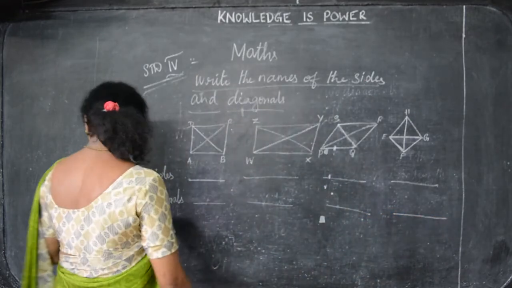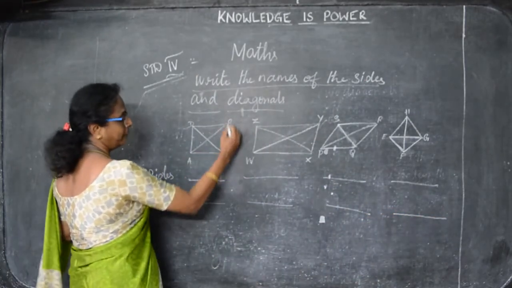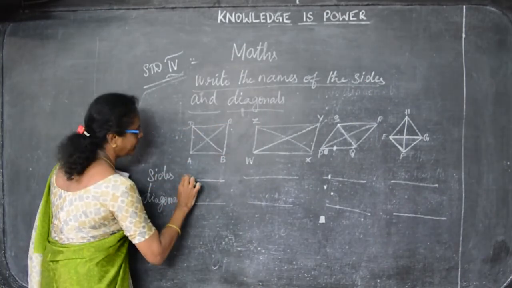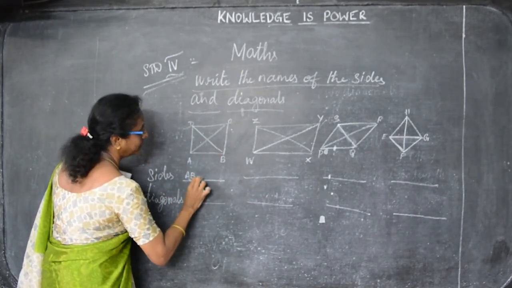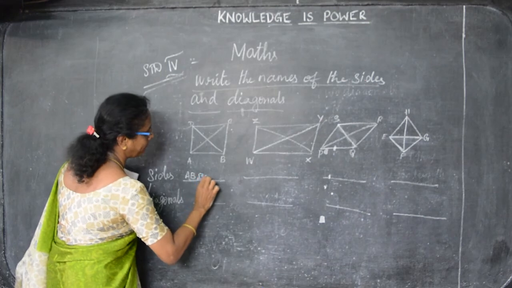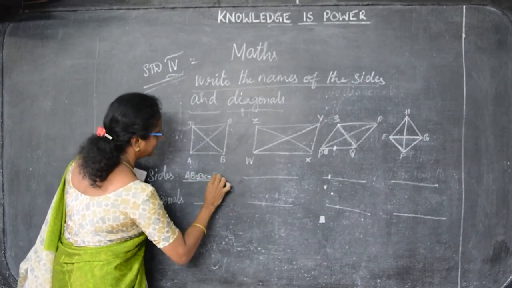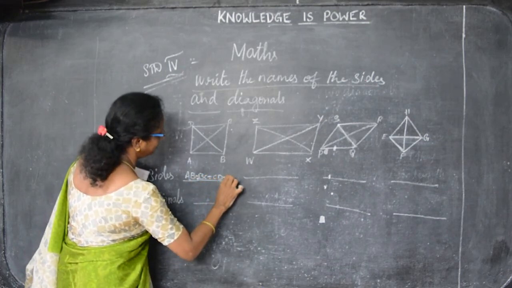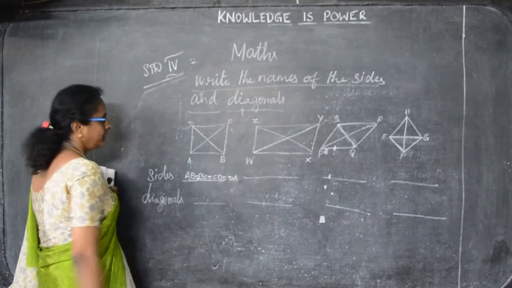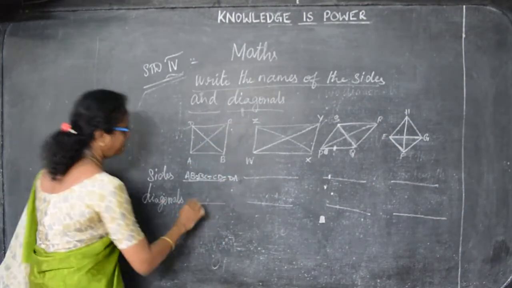So what are the sides here? AB, BC, CD and DA. Write like this: AB equals BC equals CD equals DA. Then the diagonals are AC and BD.